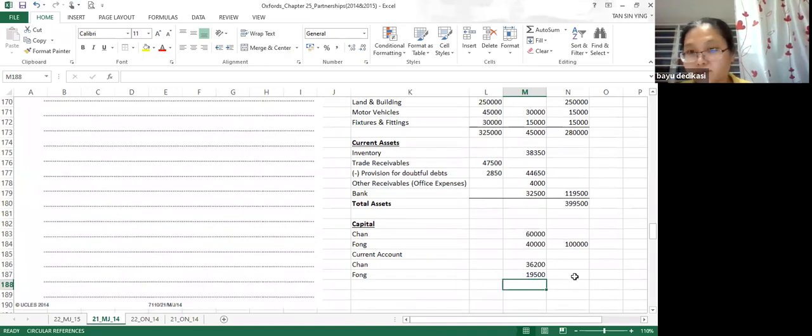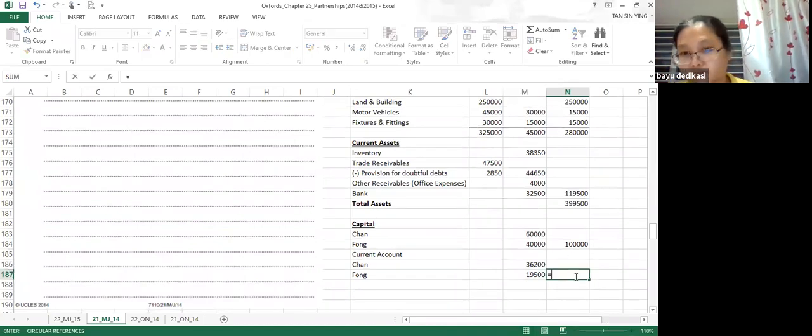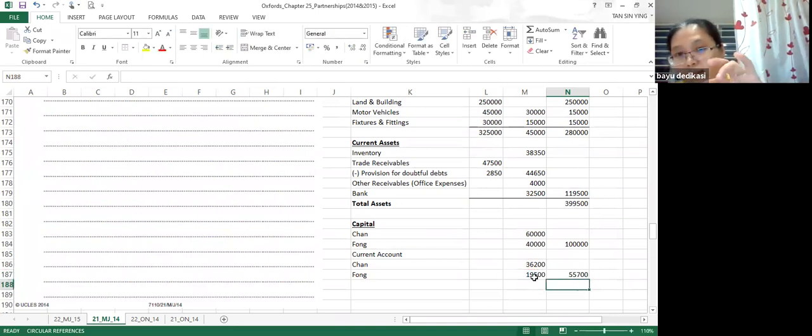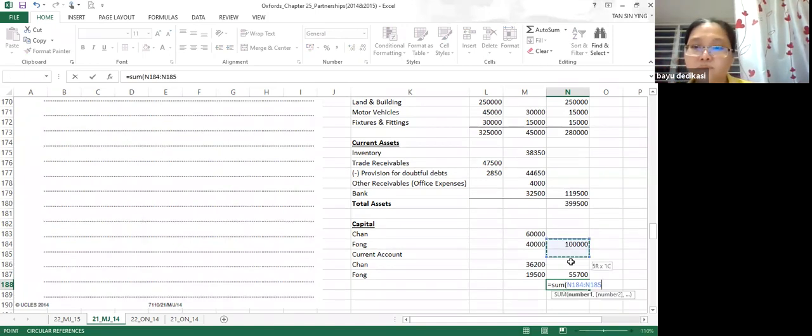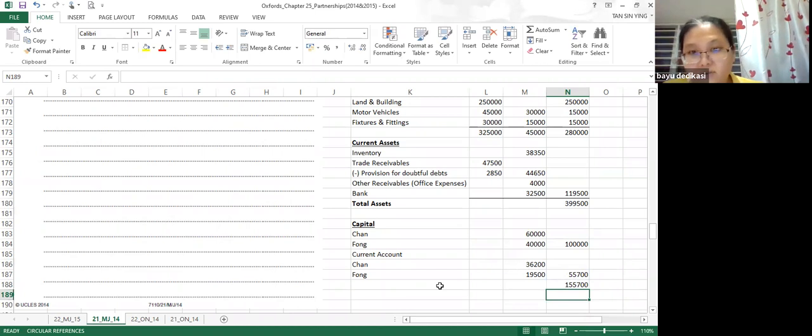Subtotal. And then add your capital and current account first. Add total, the current account and capital account. Now the next section, non-current liability.